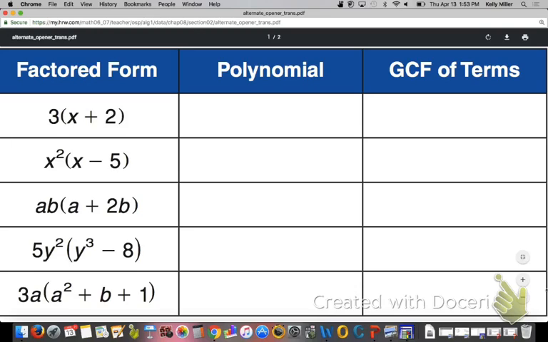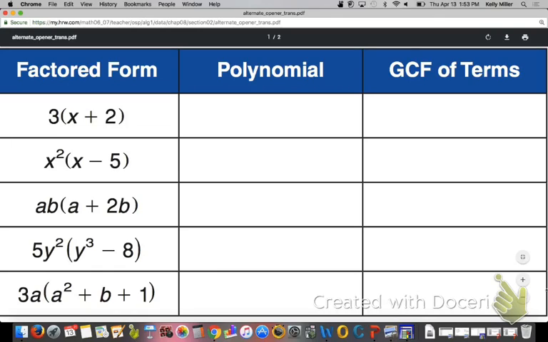If I ignored this and I said, what is the GCF of 3x and 6, what would you say it would be? 3. Good. Now let's do this one. Distribute. x squared times x is x to the third. x squared times -5. What's the GCF of these two terms?